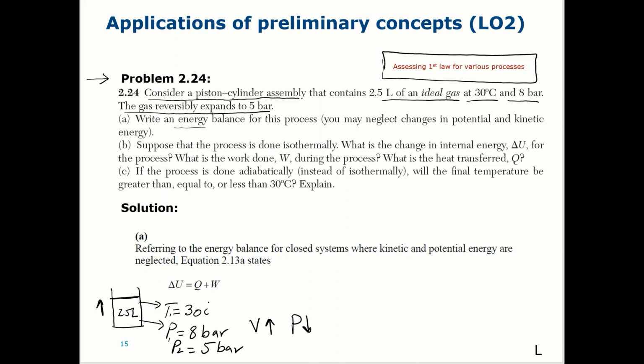Now, part 1. You need to write an energy balance. Energy balance means first law of thermodynamics, right? For this process, you may neglect changes in potential and kinetic energy, which was a part of the theory as well. So we can ignore kinetic and potential energy, but we need to write energy balance for this system, which is simple. We have already done that.